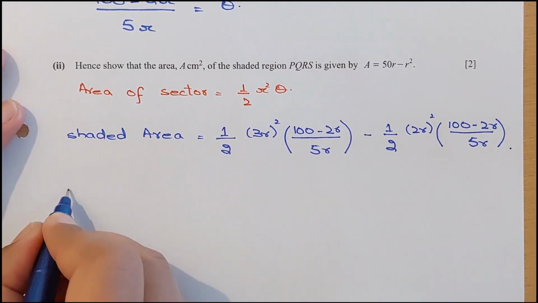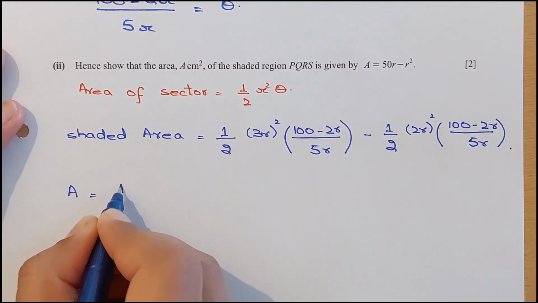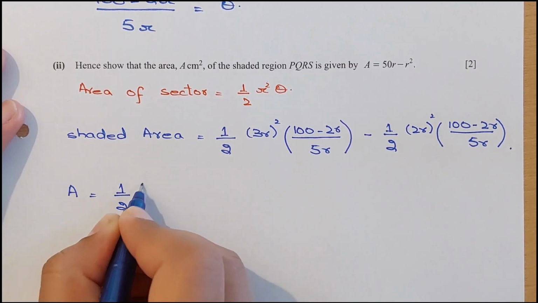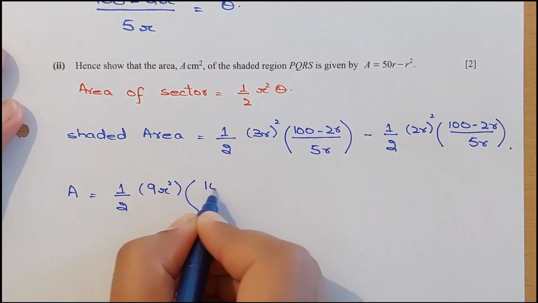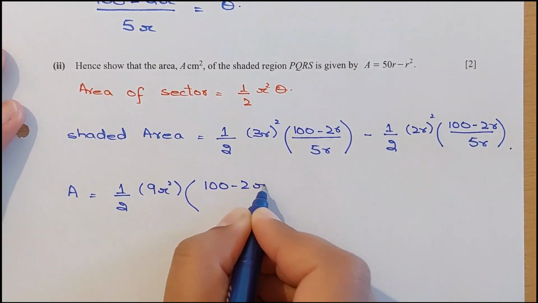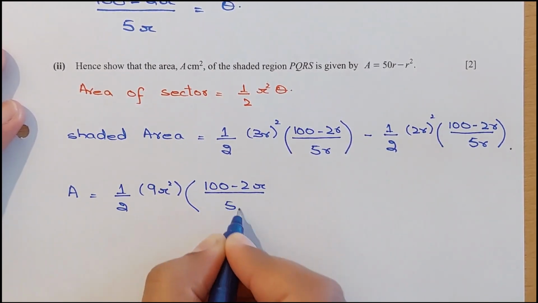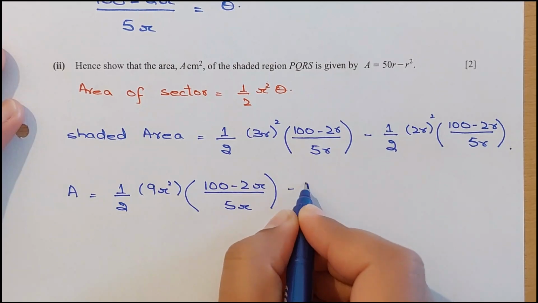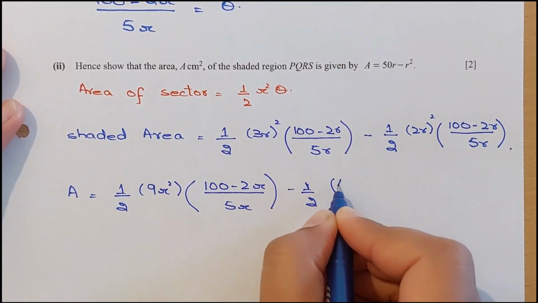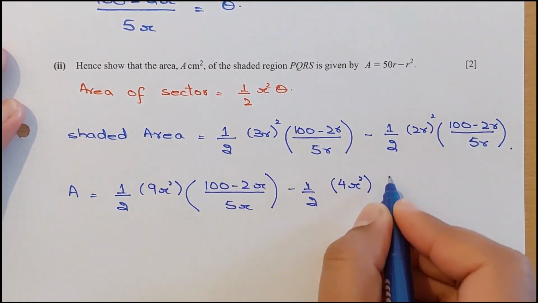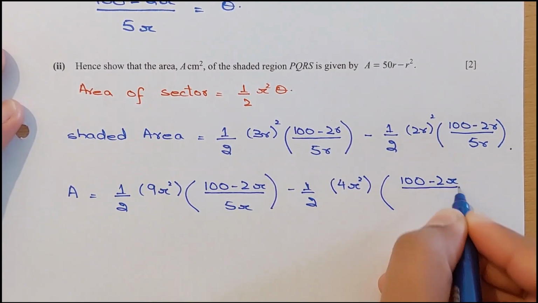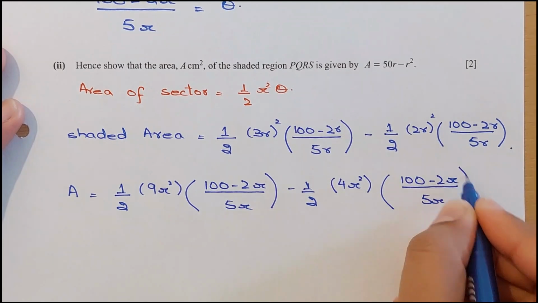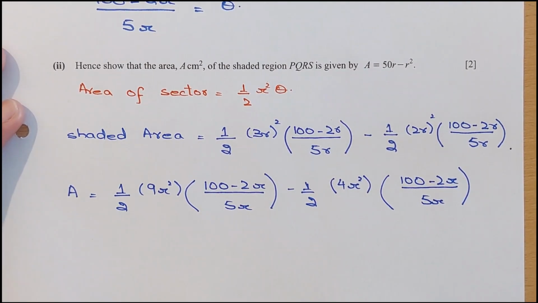Now let me simplify the area. This equals half, 3 squared is 9r squared, into (100 minus 2r) divided by 5r, minus 1 by 2, 4r squared into (100 minus 2r) divided by 5r. Now let me cancel the like terms.